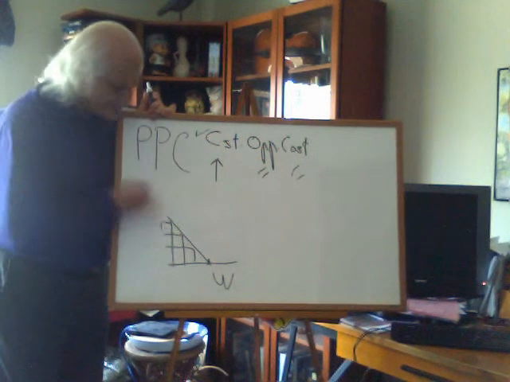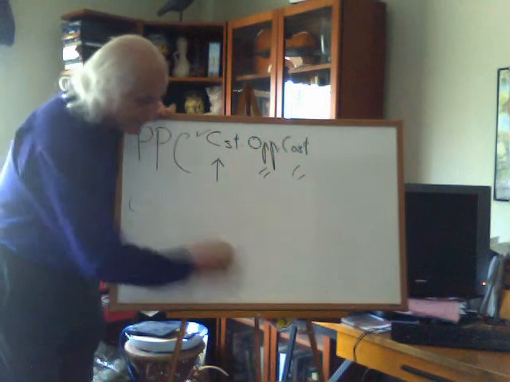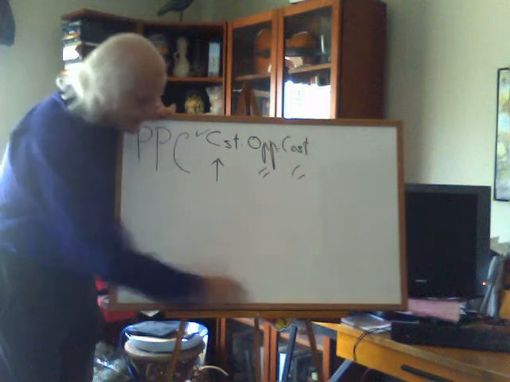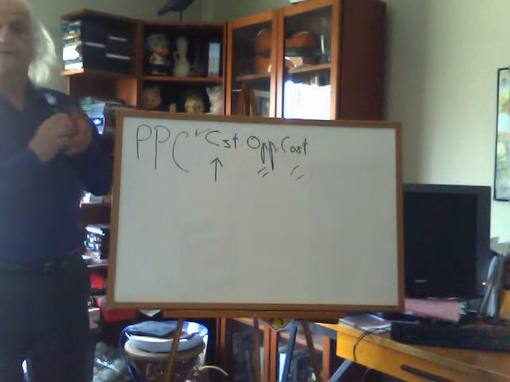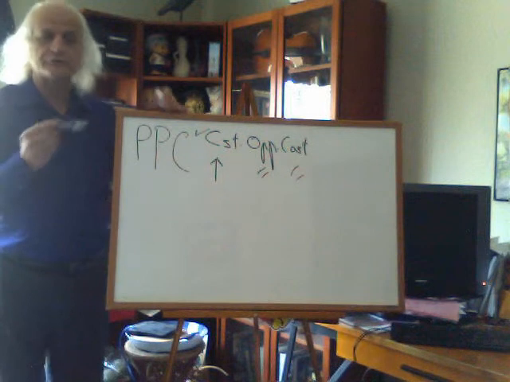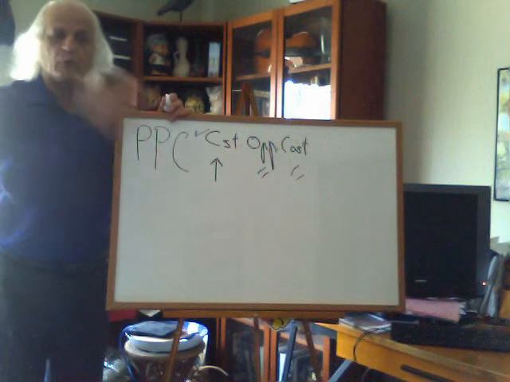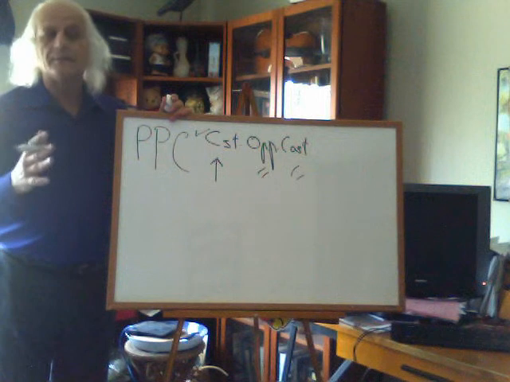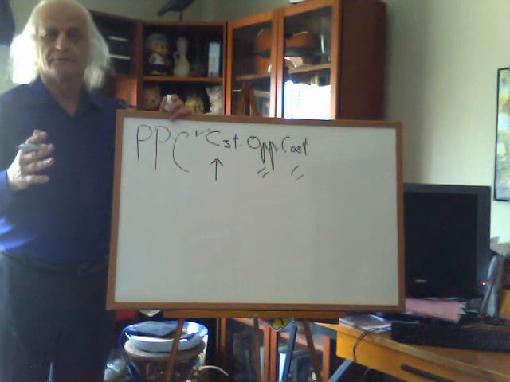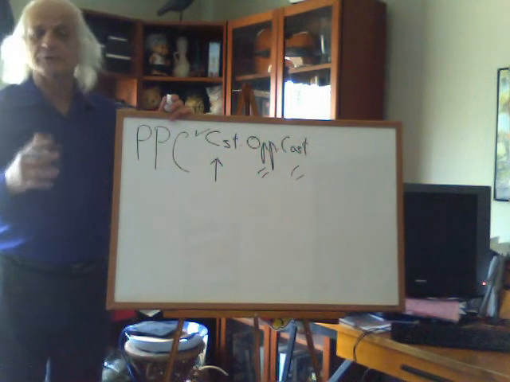Now, this is not realistic in the real world. When you look at society, you find out that the world as we know it, that as you shift resources from one kind of occupation to the other, then it will become less productive. If it becomes less productive, what does that mean?